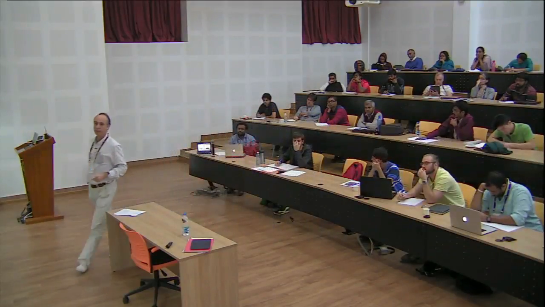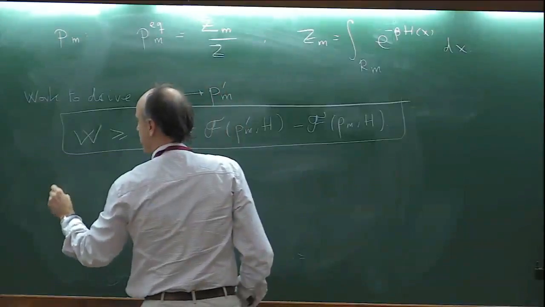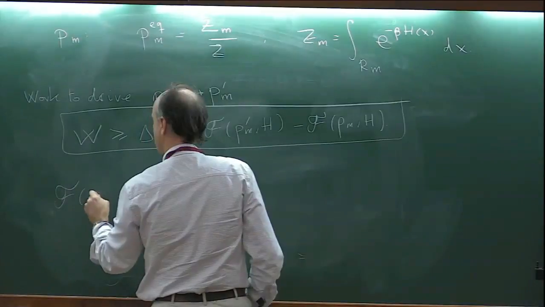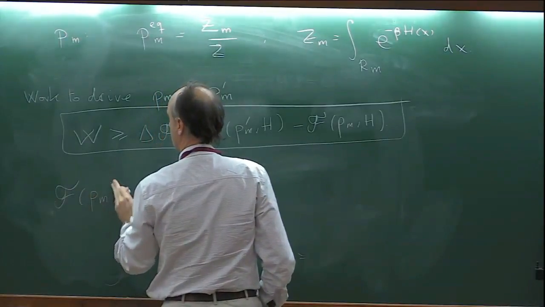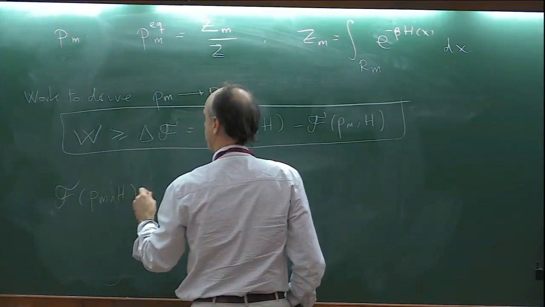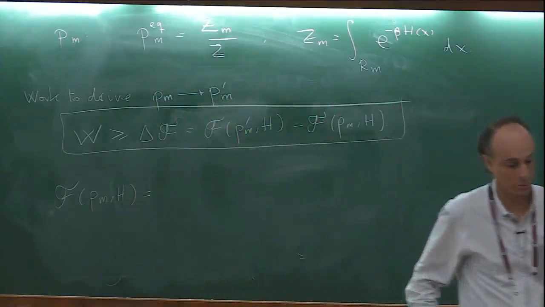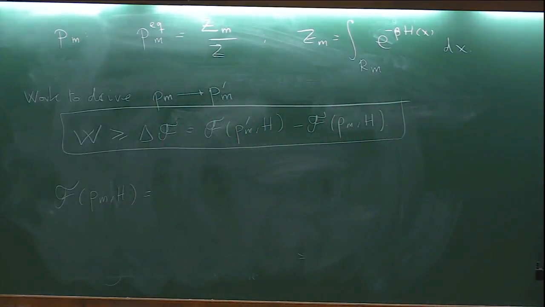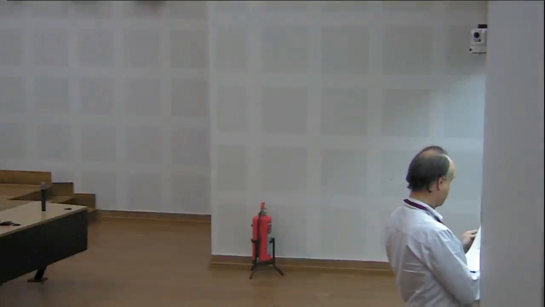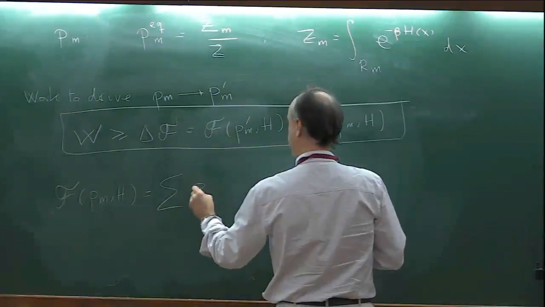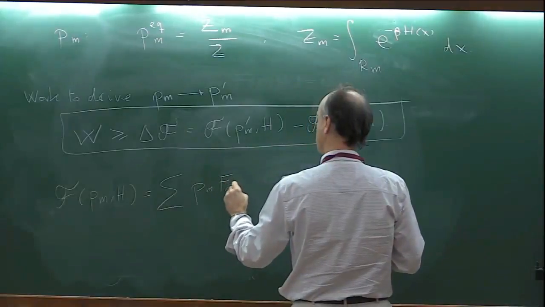Moreover, for informational states, one can prove that, and all these proofs are very easy to do, so you can do it by yourself, this is the sum of the equilibrium free energies.